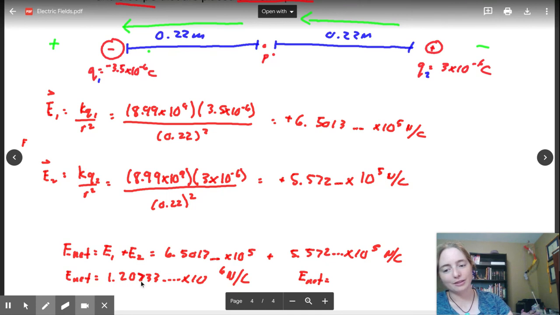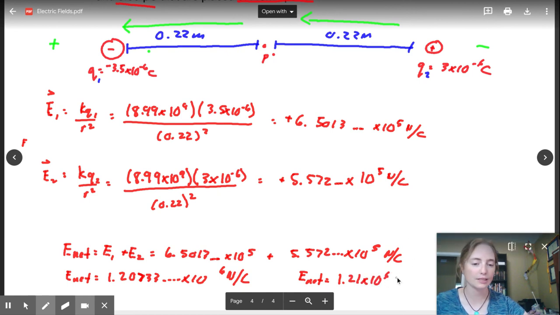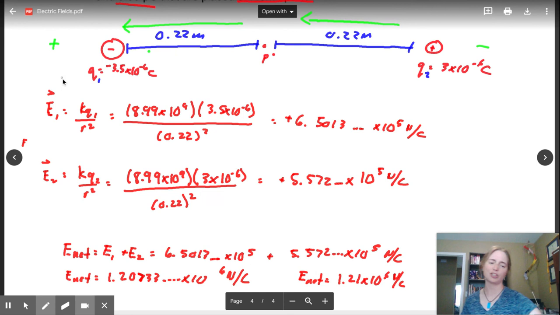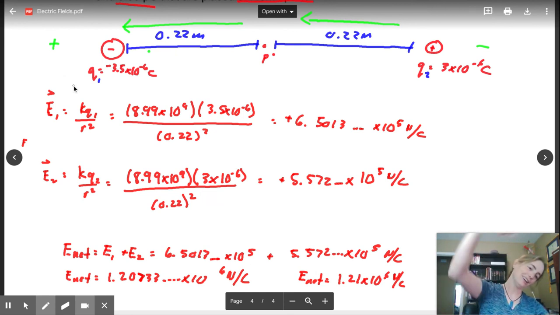This is a 7. So I'm going to come over and look: 1, 2, 3 sig digs. I look at my next one. That 7 rounds that digit up. So I have 1.21 times 10 to the power of 6 newtons per coulomb. And what direction did we determine this to be? Because this is now positive and we decided left is positive, our direction is left.